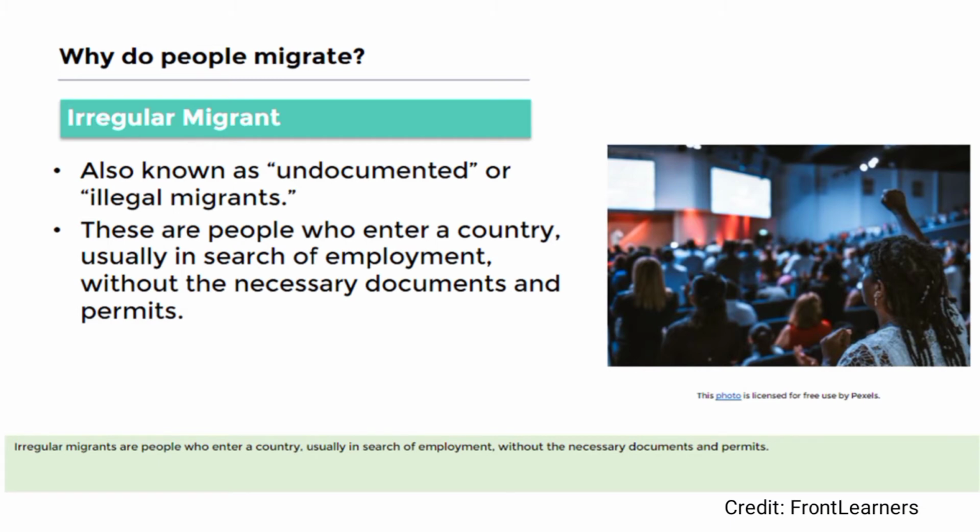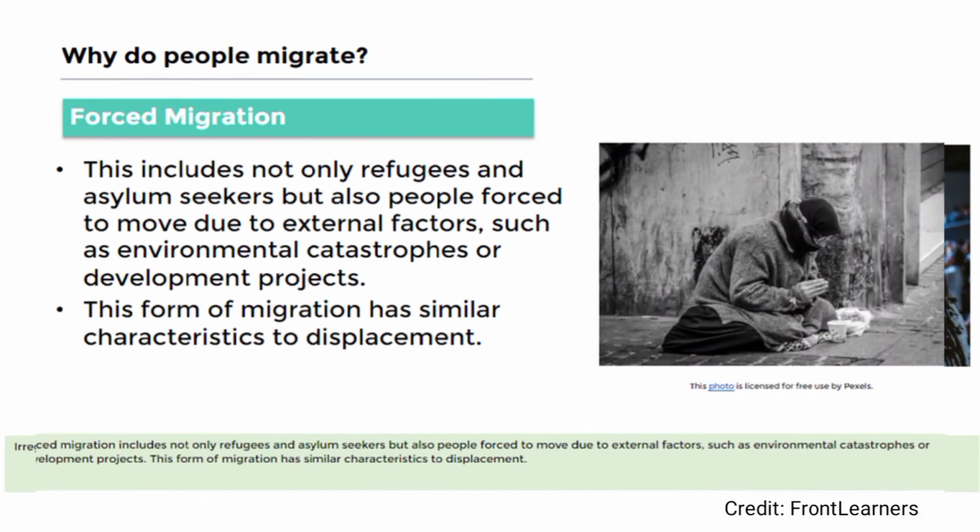Irregular migrant, also known as undocumented or illegal migrants. These are people who enter a country, usually in search of employment without the necessary documents and permits. Forced migration.